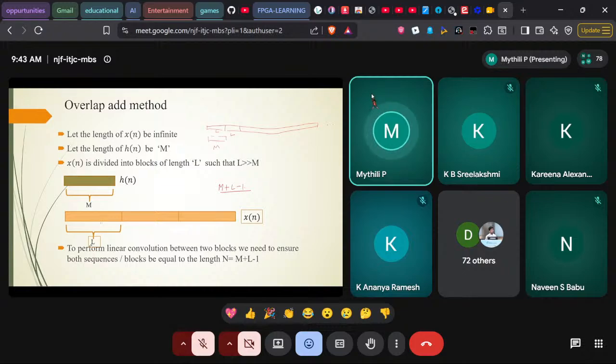They are of different lengths: m and L are different, m can be greater than L or L can be greater than m. Since we are going to perform the convolution block by block, we separate the blocks and make each block equal to a length of m plus L minus 1.